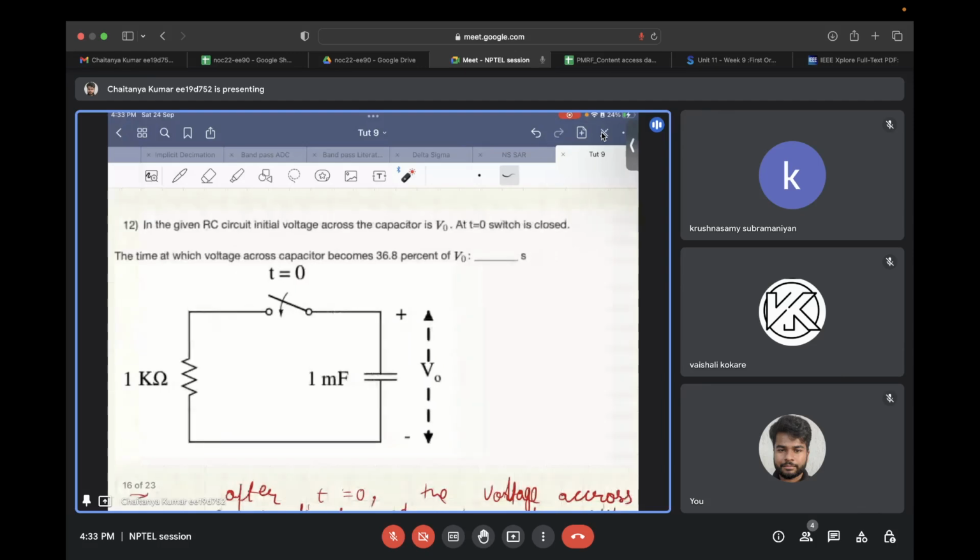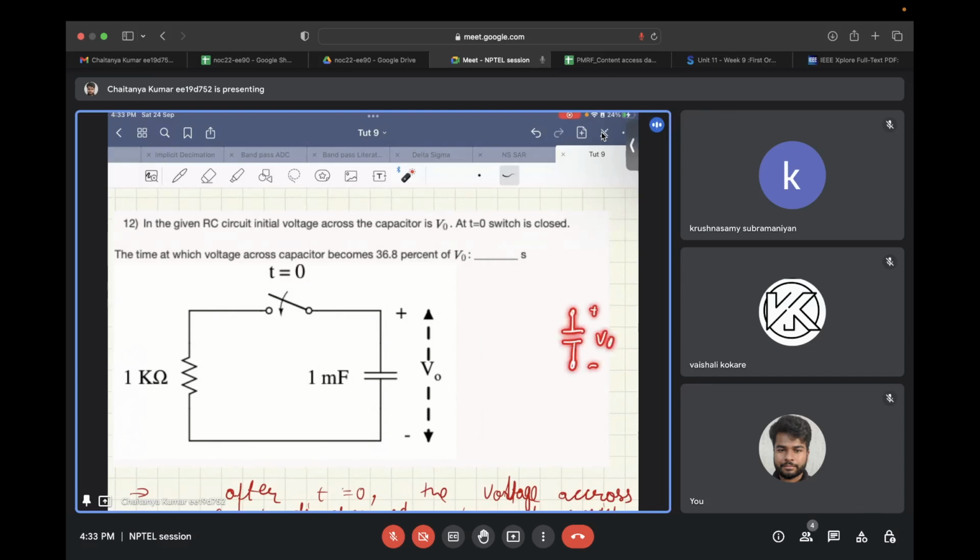So what happens when you connect a charged capacitor across a resistor? Initially, when the capacitor is charged to some particular voltage, there is energy stored in this capacitor in the form of electrostatic energy, which you can write as half times C V naught square. Now, as soon as you connect this charged capacitor across a resistor, the capacitor starts discharging across this resistor.